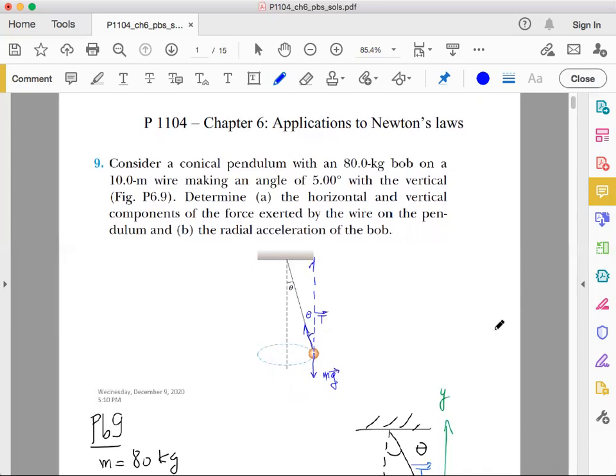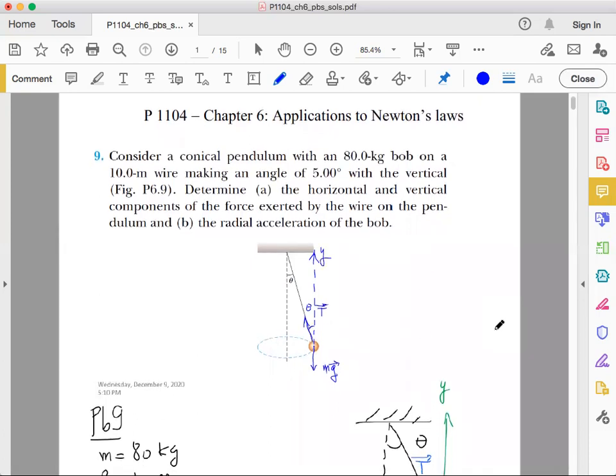So let's say this is the y direction. Let's take just an x-y coordinate system, and we take this to be our x-axis. So x and y are again the same as we have taken them in previous exercises. They are just the horizontal and the vertical axis.